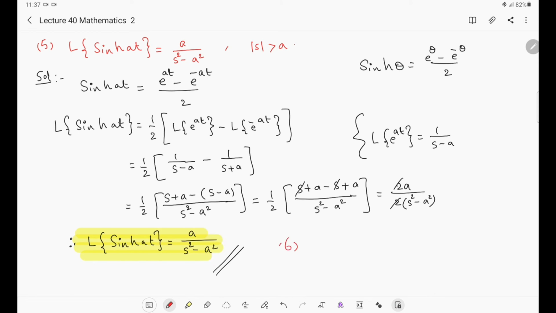Sixth formula, the same, instead of sinh we have Laplace transform of cosh at, which is given by, instead of a/(s² − a²), we will have s/(s² − a²), provided this condition, right. So this is the sixth formula.